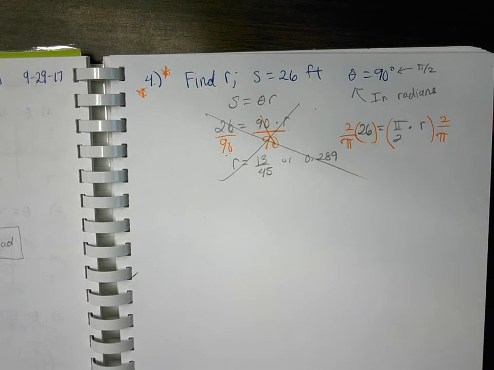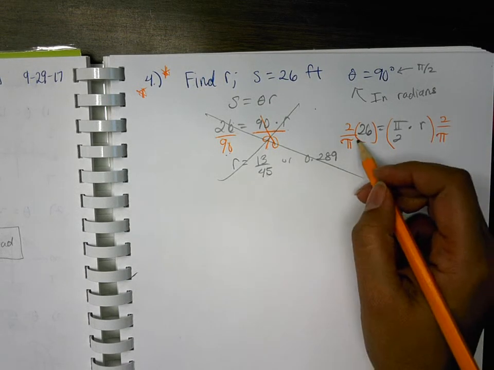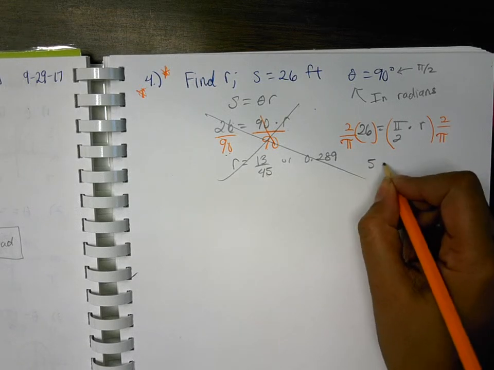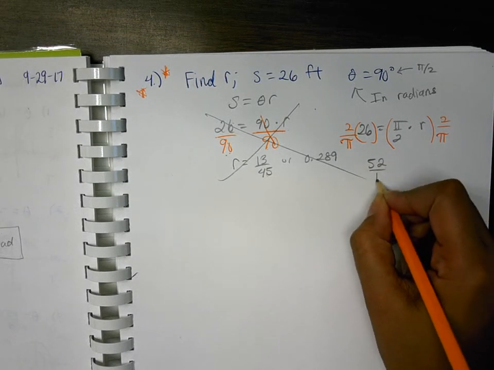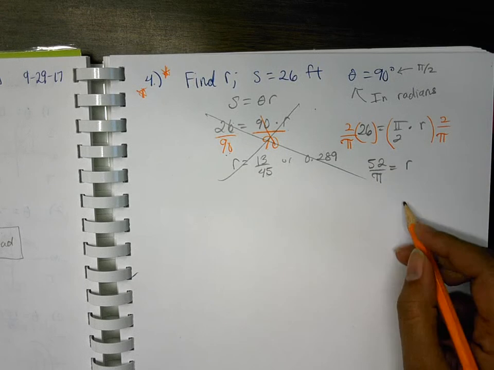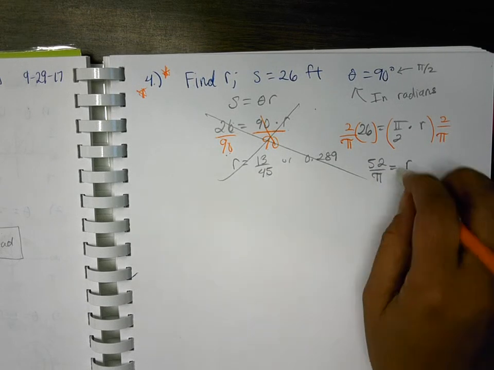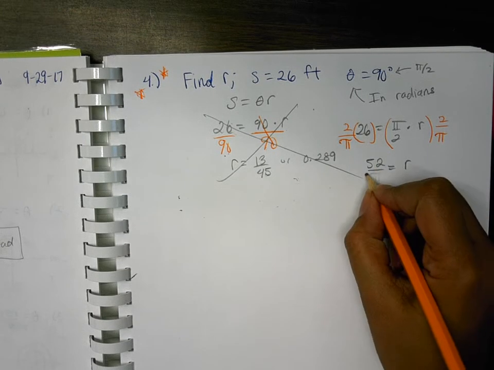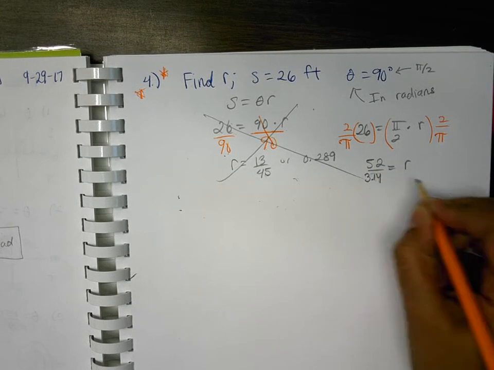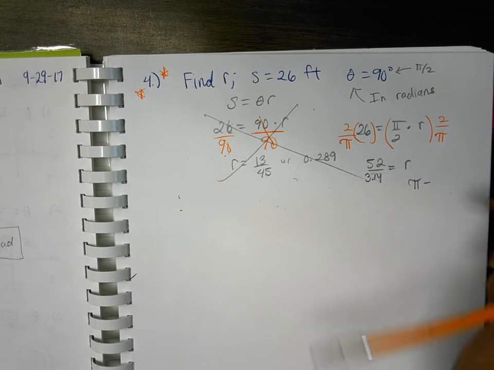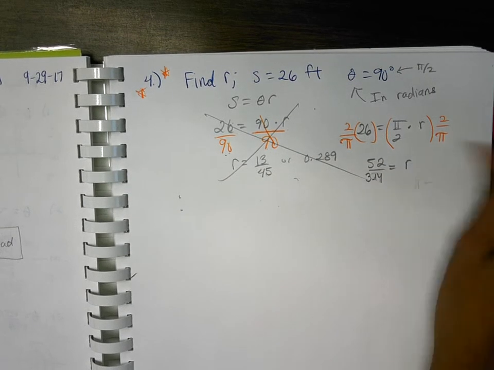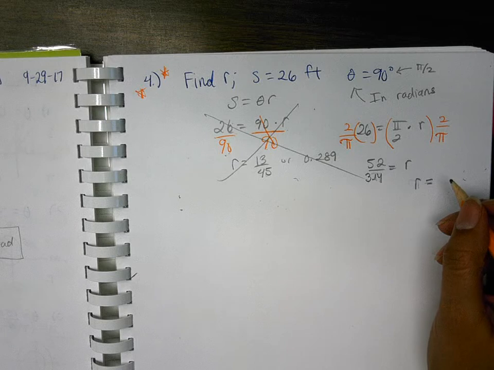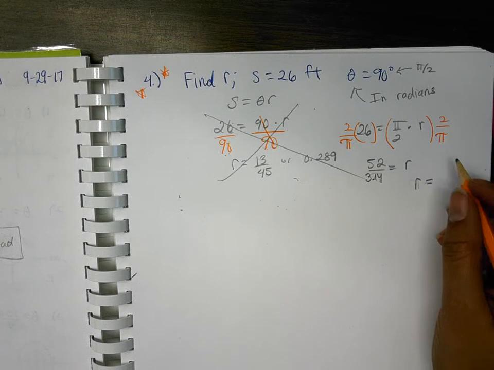All right. What's 2 times 26? 52. 52 over pi equals R. We're going to change the pi to what? So we can plug it in our calculators. 3.14. Does anybody have a calculator out? Round to the nearest hundredths.